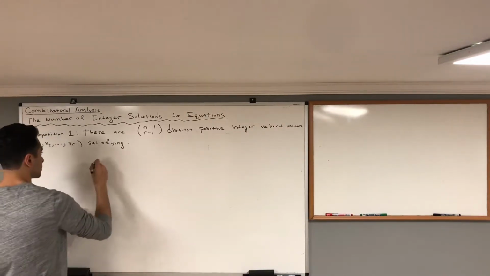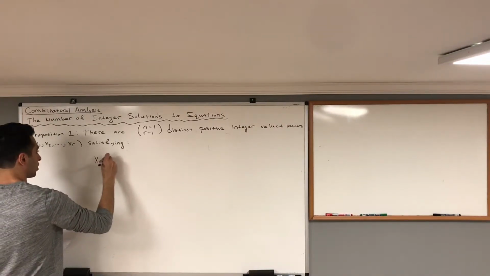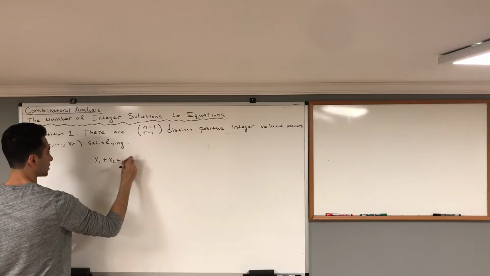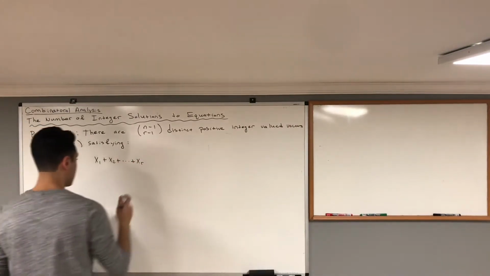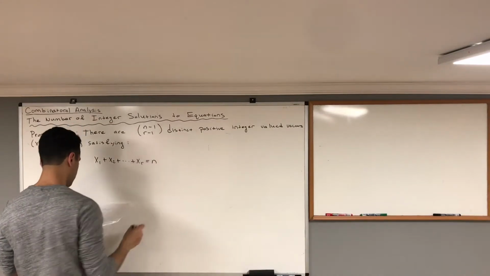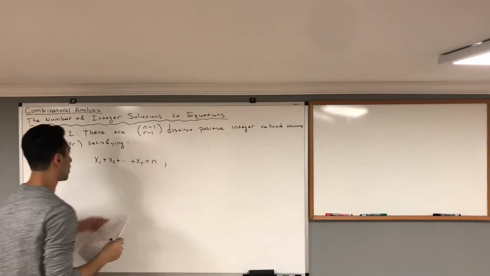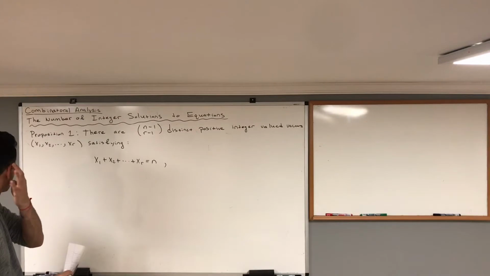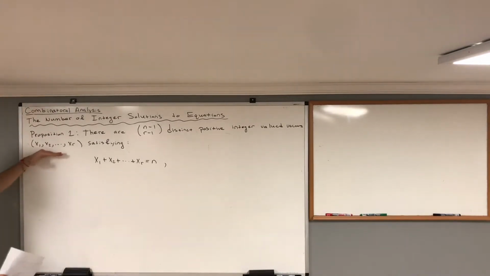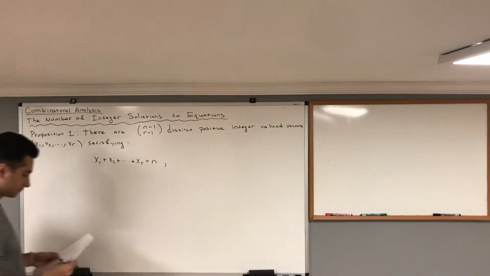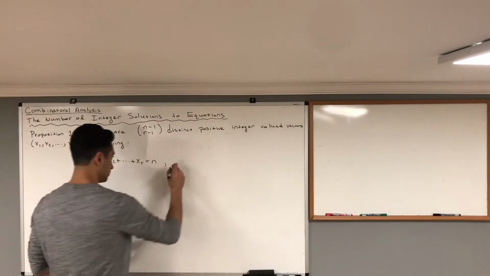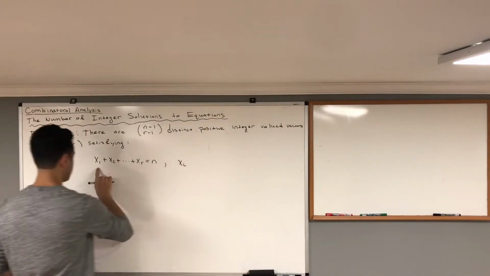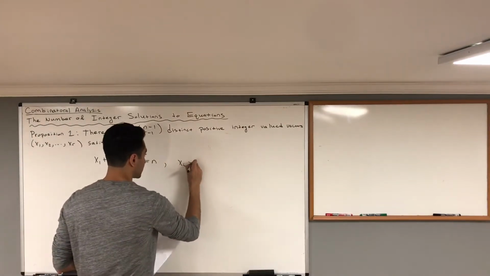So we wanted to satisfy x1 plus x2 plus all the way to your last variable, and it equals n. Okay, so we want it to satisfy this equation, so we could get out this list, this vector of values that sum up to n when every term here is actually greater than 0, right?